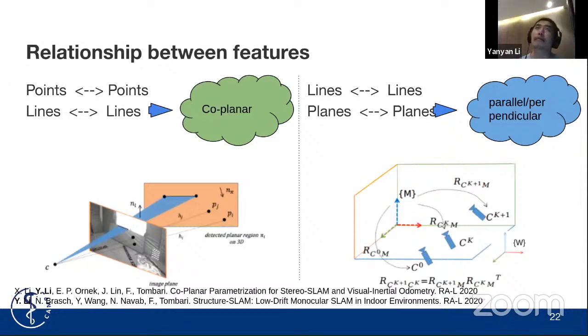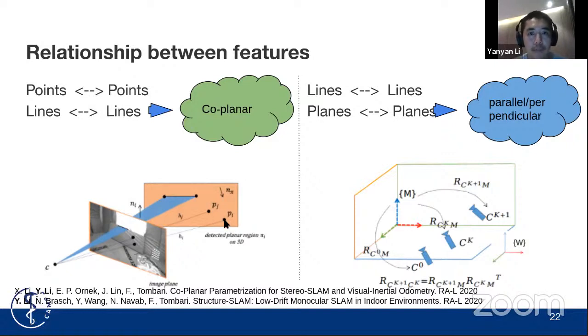We have discussed some parallel and perpendicular features for planes and lines, but we can also use some relationships across features. For example, in the left figure, if some points and lines are lying on the same plane, we can use this plane to represent those landmarks.